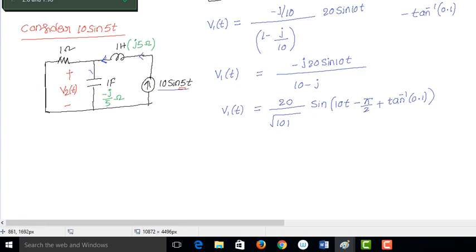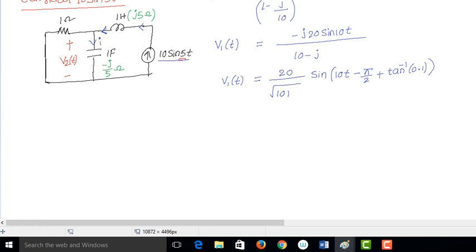If I call this current I, I can directly write V2 of t as minus j by 5 into I. Now apply the current division: 1 by 1 minus j by 5, into 10 sine 5t.